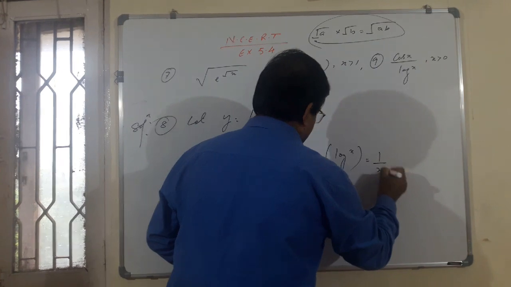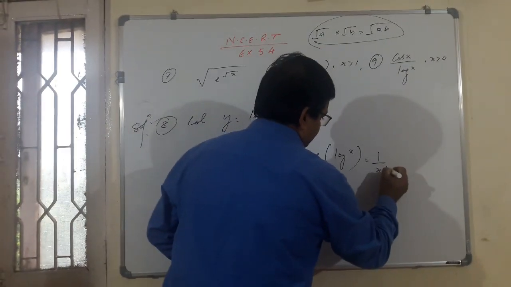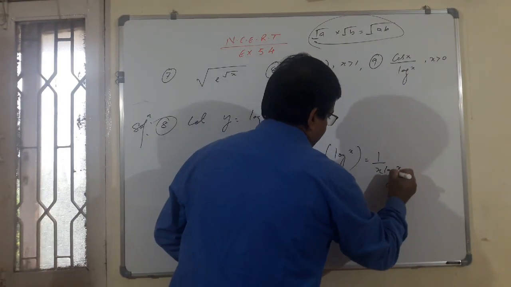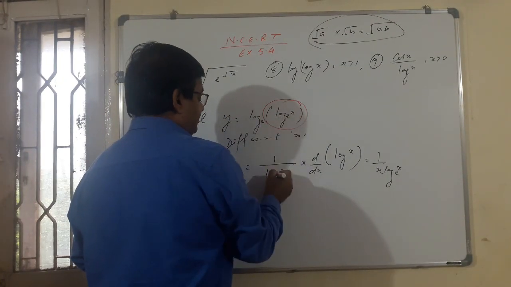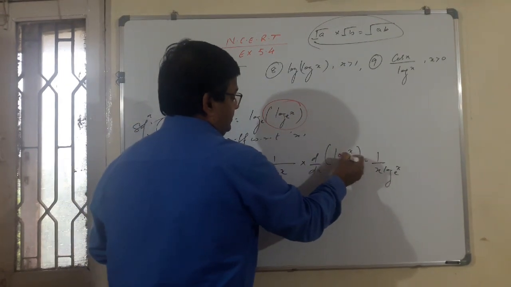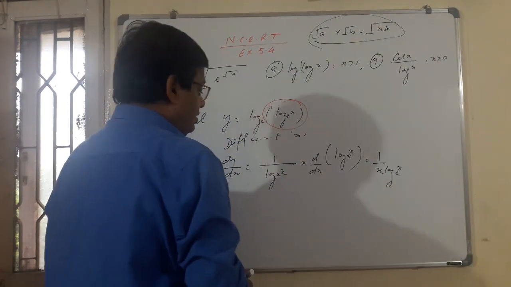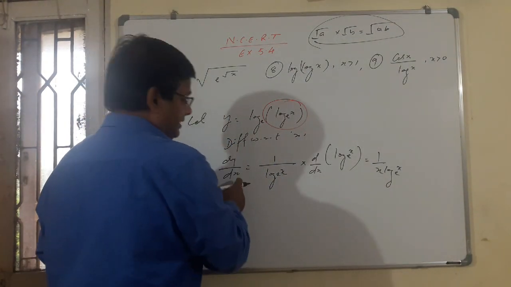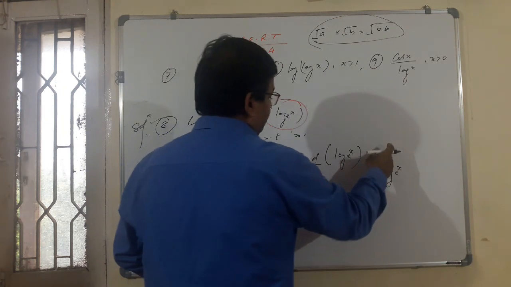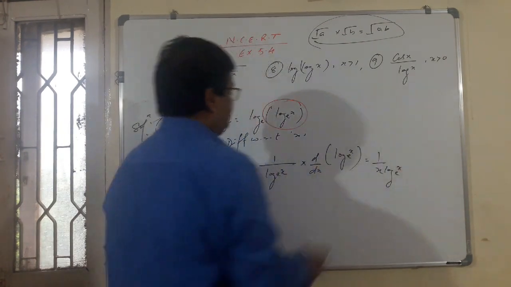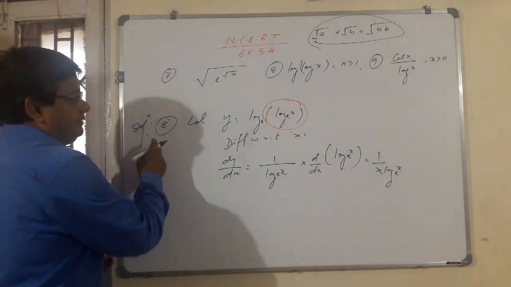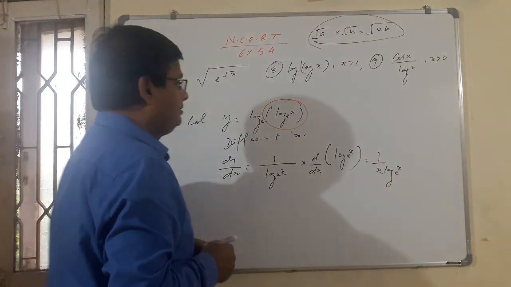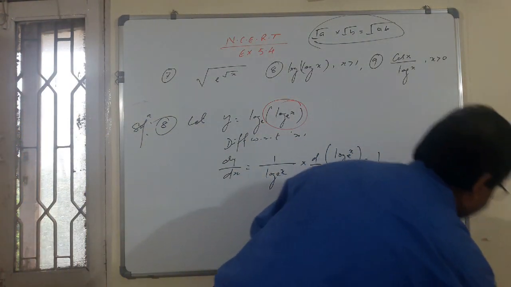If not given, it means base is e. So dy by dx is equal to 1 by x log x to the base e. This is number 8.